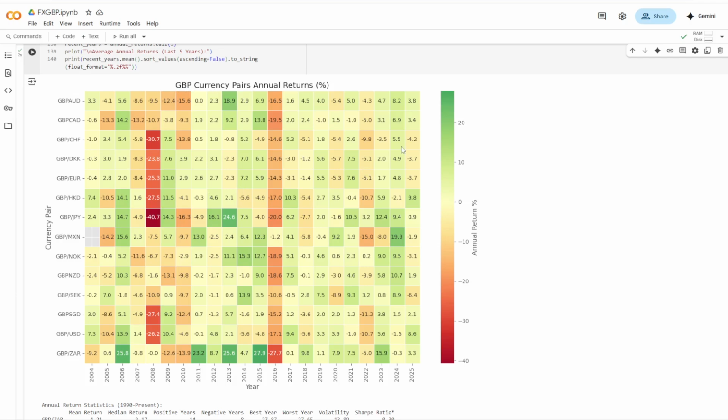So I took the usual bunch of pound FX pairs, and I asked the machine as usual to show me basically the annual returns for each and every currency pair. And we start from 2004, it goes up to this year, 2025.